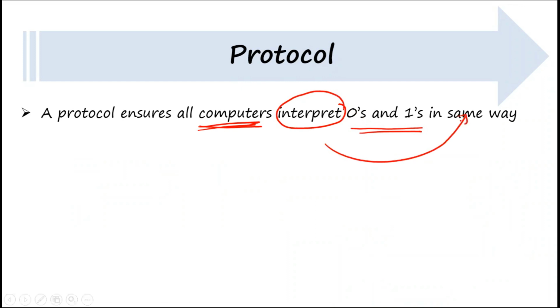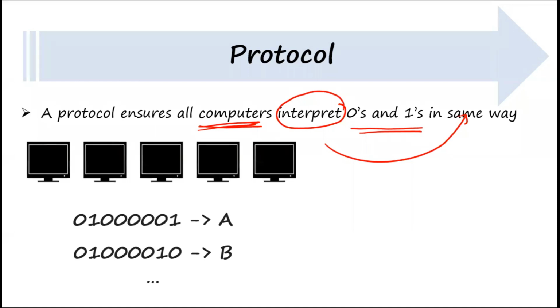Let's understand with a few examples. Suppose the protocol tells a bunch of computers that we are going to agree to interpret the series 01000001 as the letter A. Similarly, this series 01000010 as the letter B. This is how the computer converts the letter A into language that the computer can understand.